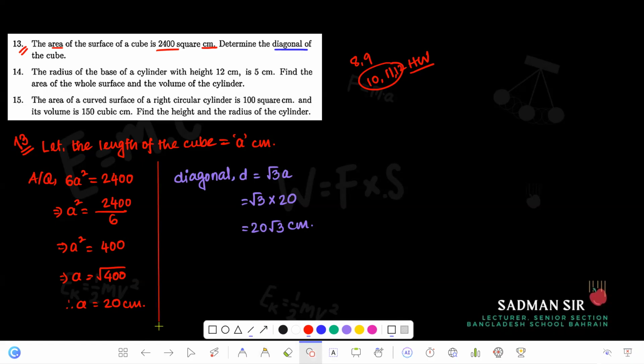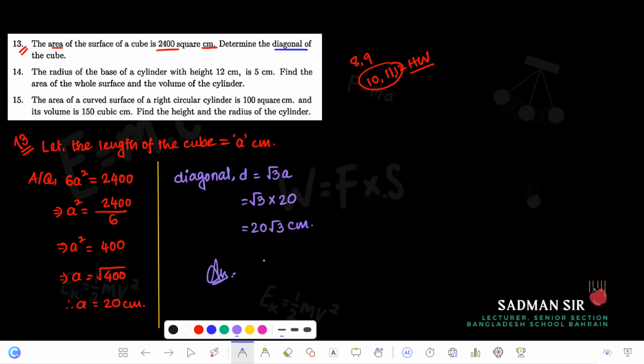If you're converting it to decimal, then don't forget to write approx. You will not be getting the answer exactly. Root over 3 is an irrational number. That is why. Okay, is there any doubt?